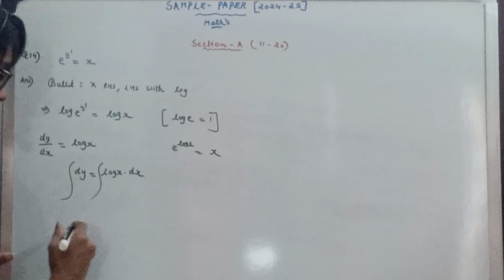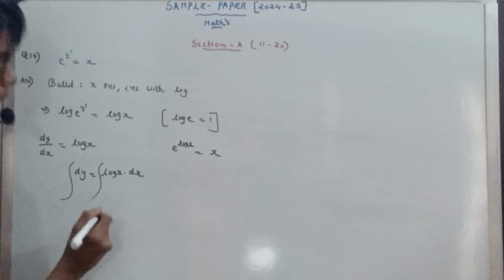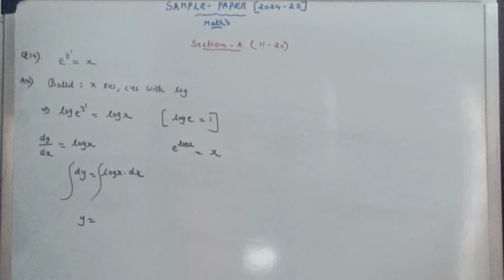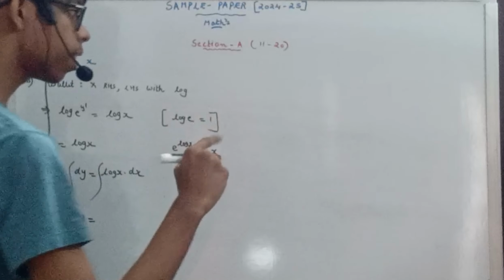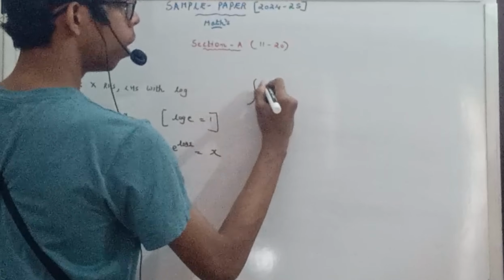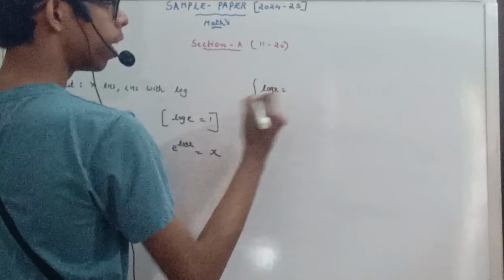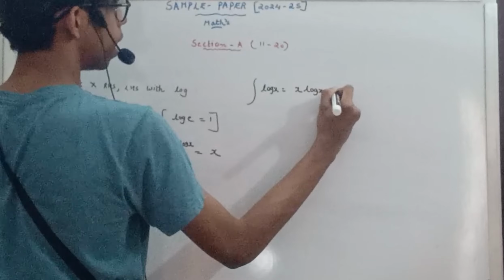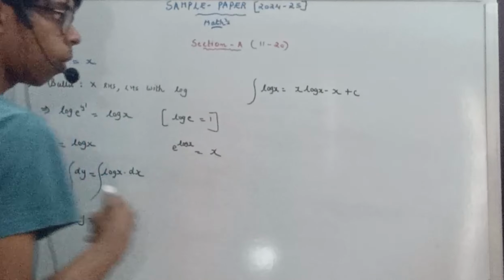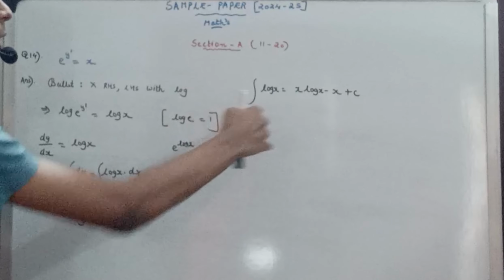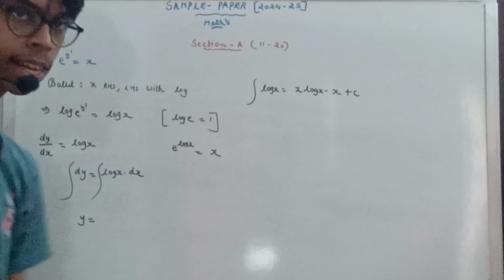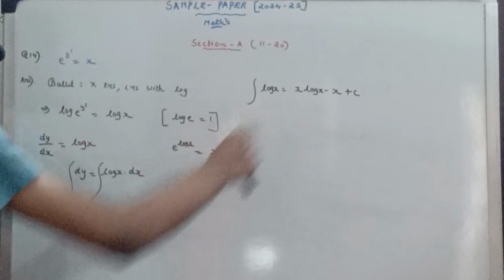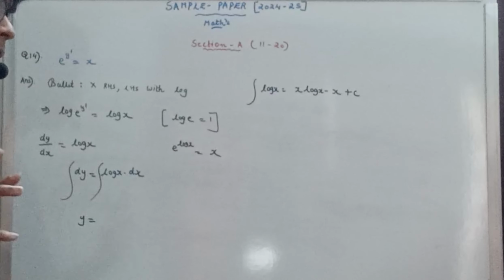Integration of dy is simply y, and the integral of log x is something you need to learn by heart: integration of log x is equal to x log x minus x plus c. Some of you might not know this; actually, we find this formula using integration by parts.